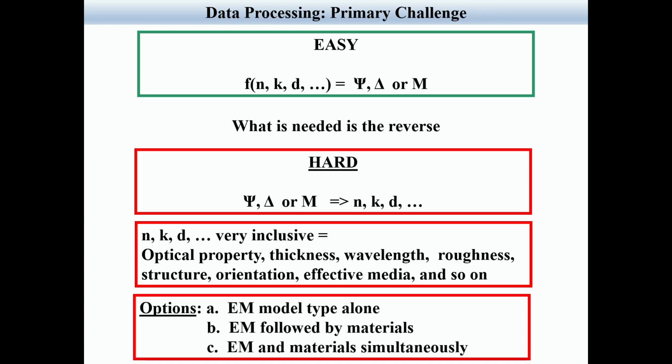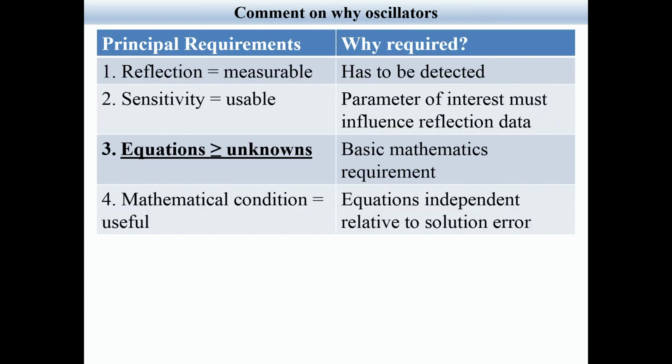And you can do it different ways. One way is you can do the electromagnetic model by itself, or you can use that with the materials, which would mean that you're talking about oscillators, or you can do those simultaneously. And that's pretty commonly attempted.